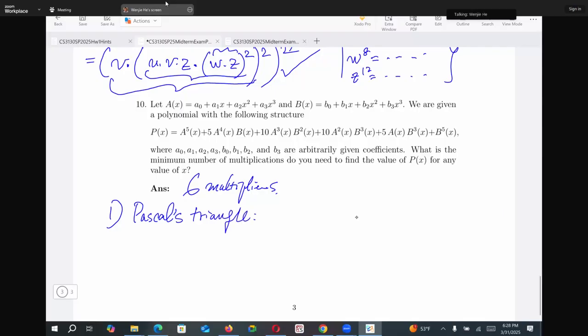By Pascal triangle, you write a of x plus b of x to the 5th. But the second step, many students forgot the Horner's rule. They just counted the multiplications directly. That's another common mistake. The second step, you need to apply the Horner's rule.